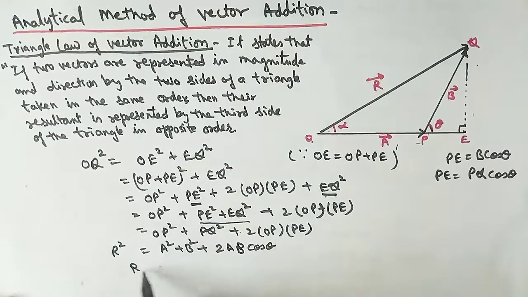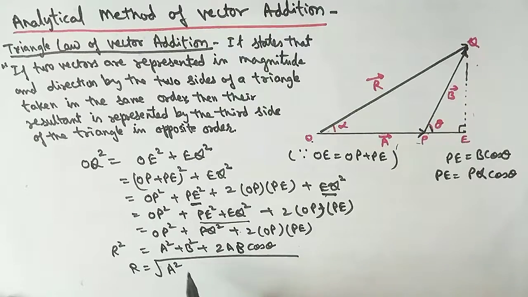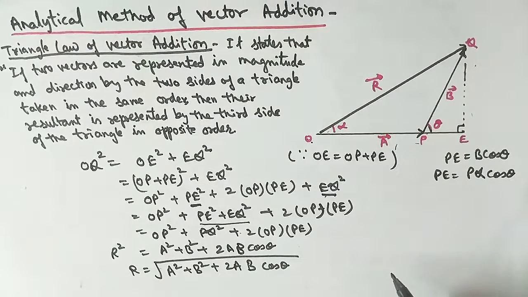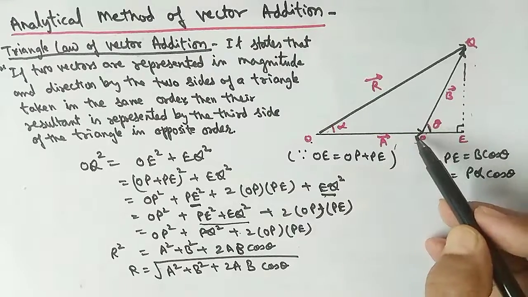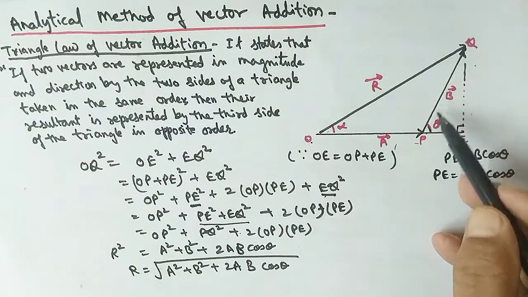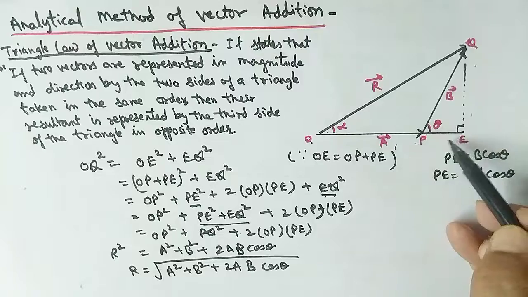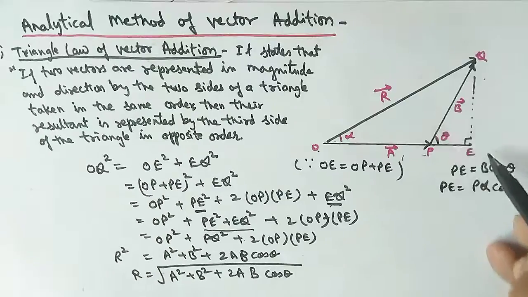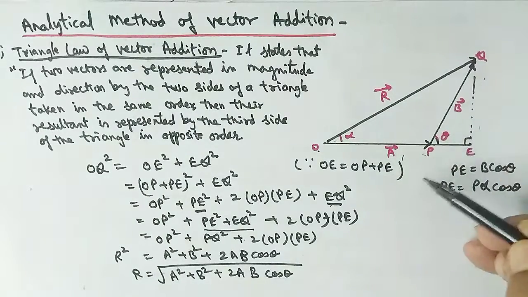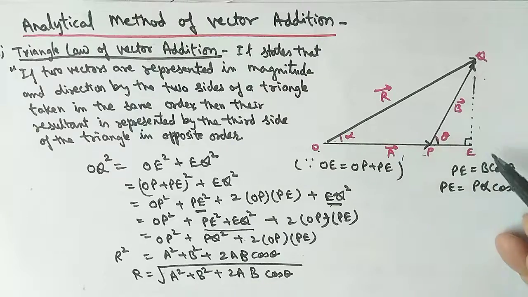So dear students, this is the desired expression: R is equal to under root A square plus B square plus 2AB cos theta, where theta is the angle between the first vector and the second vector. This is the direction of vector A, and this is the direction of vector B. So theta is the angle between the two directions.